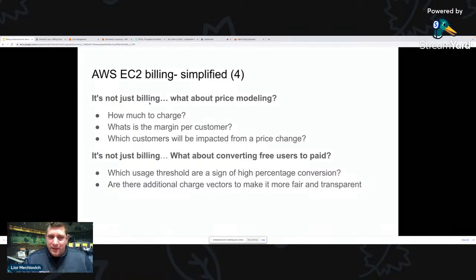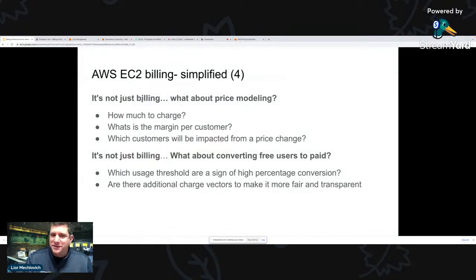Cool. And again, we talked about some other features. It's not just billing. What about price modeling? How much do we actually need to charge? That's a very hard question to answer if you don't have this data. So you have a new service. What should the price be? How much are people using today that will make sense for them? What will be our margin when we think about how to price it?